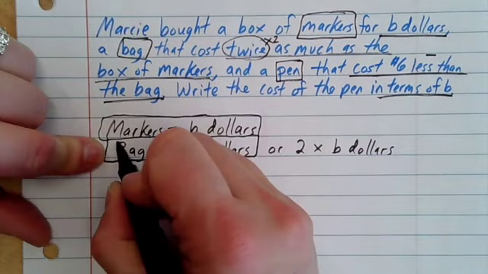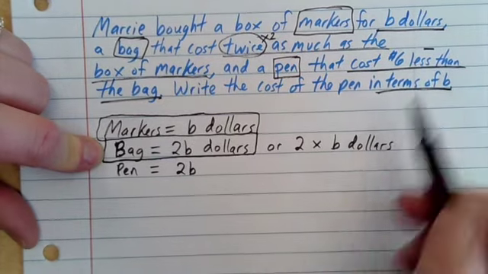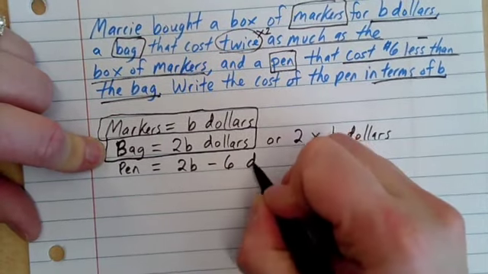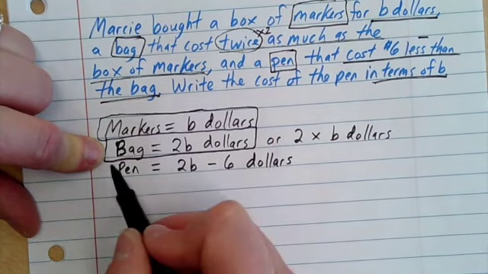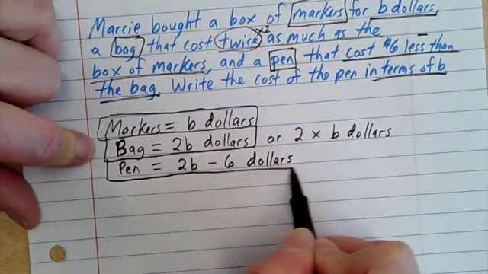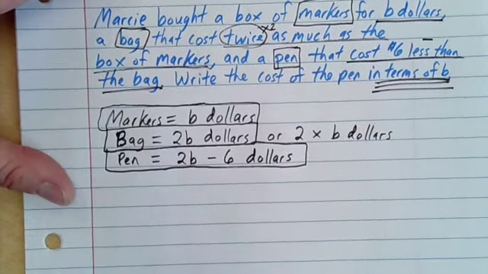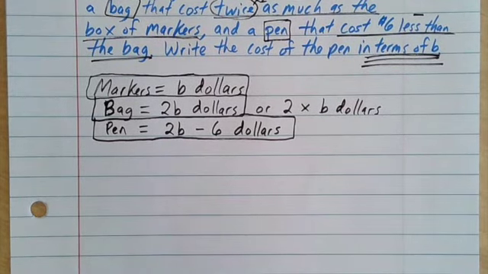We said that the bag was $2B. So if the bag's 2B and then we have 6 less than that, we have to subtract 6 from it. The pen is going to cost 2B minus $6. No idea what that means, but that's your algebraic expression in terms of B. 2B minus $6. I'm sorry, I don't know if I just said plus, but it'd be minus.